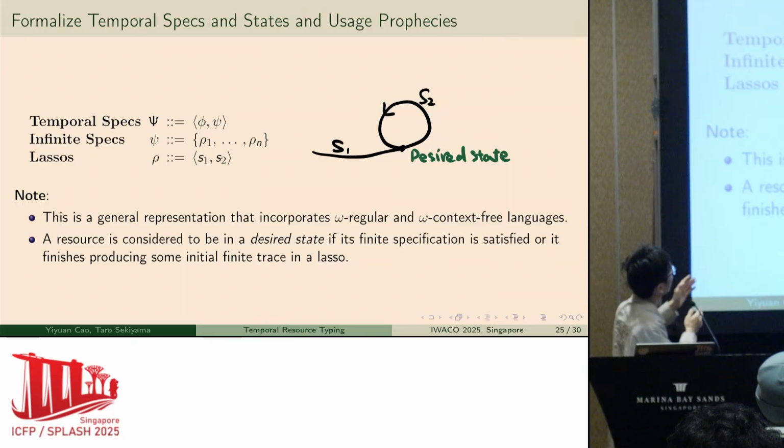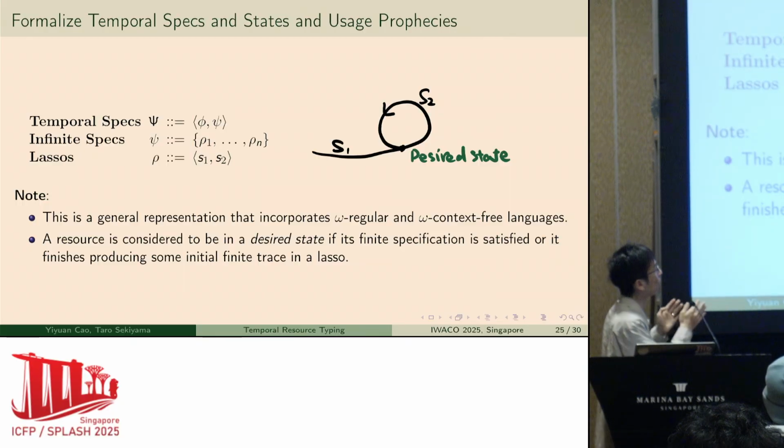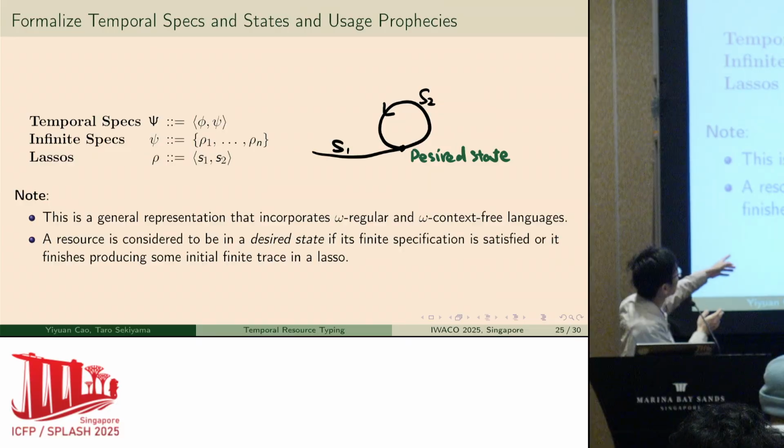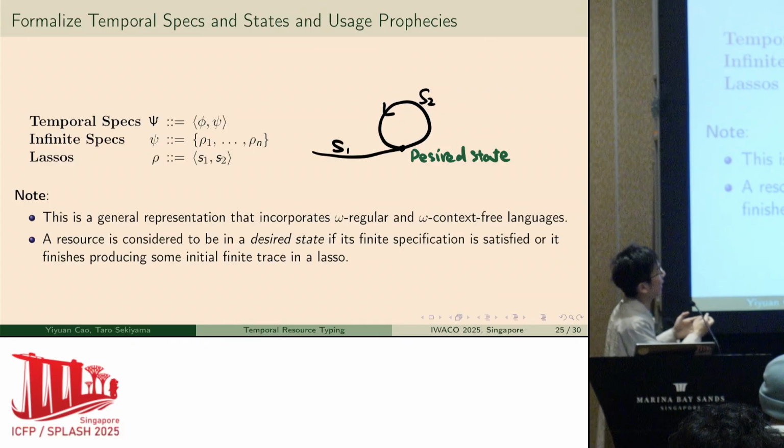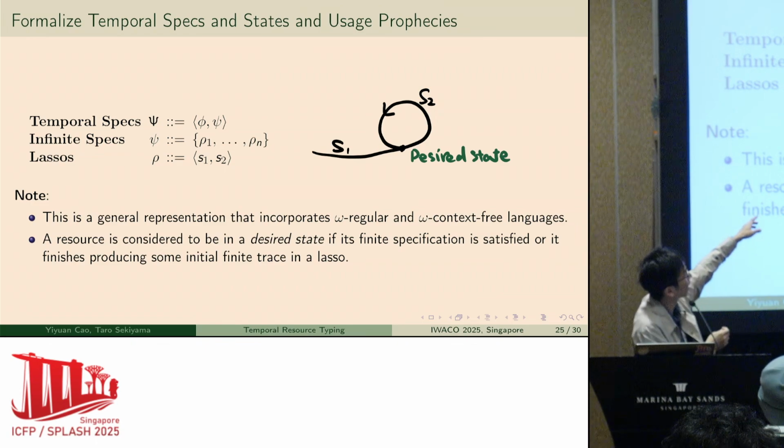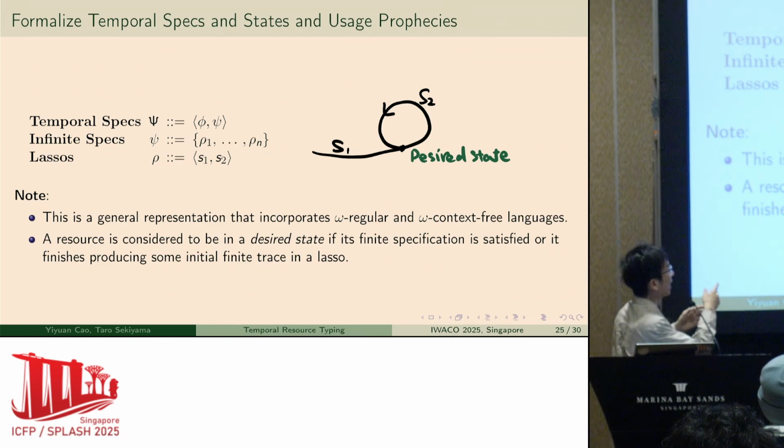This is a general representation that incorporates both omega regular expressions and omega context-free grammars. A resource is considered to be in the accepting state, or desired state, if its finite specification is satisfied, or it finishes producing some initial finite trace in a lasso and is ready for the next repeating pattern.